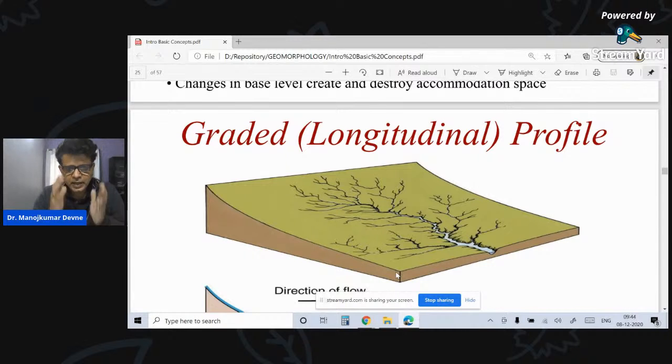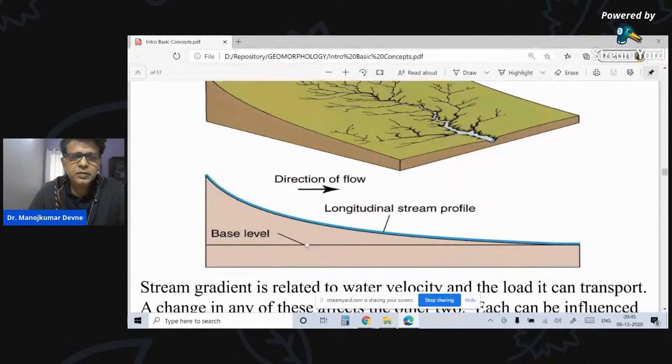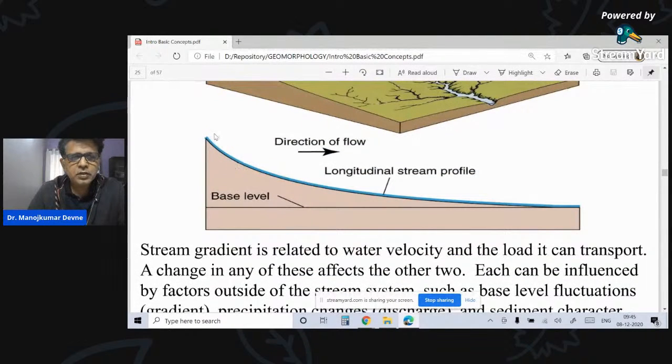But if you're looking at the river from the front, then of course you are looking at a cross section. These cross sections vary with the stage of that particular river. In the upper stage, it's V-shaped. In the middle stage, it is U-shaped, and in the lower stage, it further opens and goes trough-shaped. Okay, this is how the longitudinal stream profile looks.